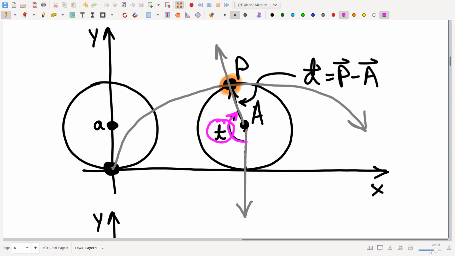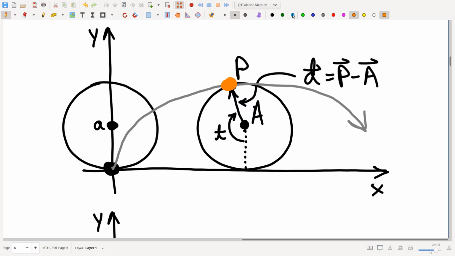Okay, next big point. Very often, and this is a great example of it, the point that you are interested in is a sum of simpler things. Now, there's our point. There's our reflector.